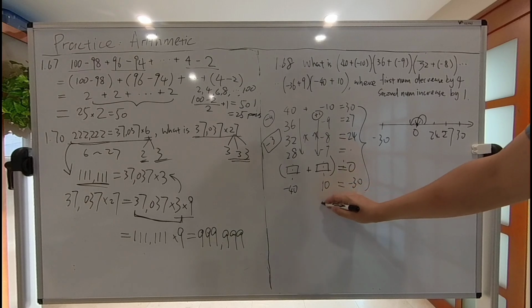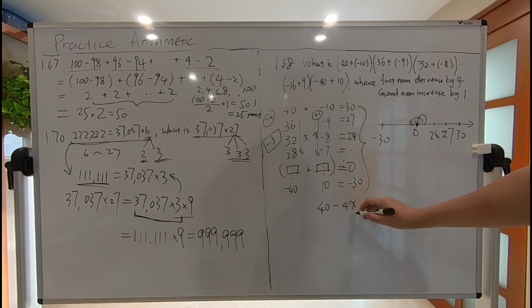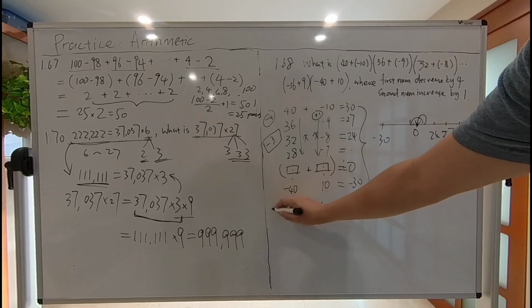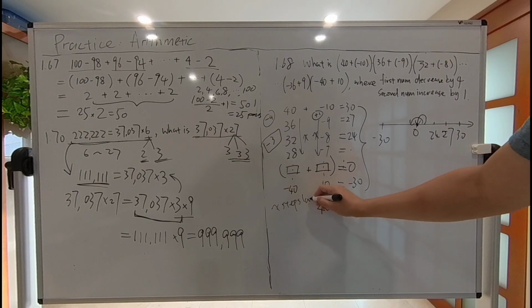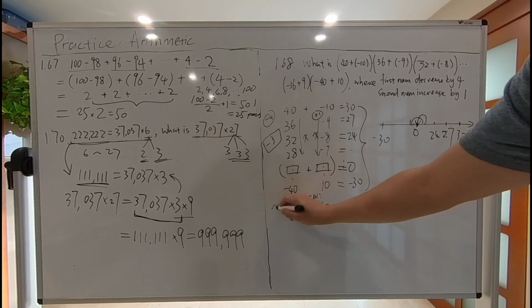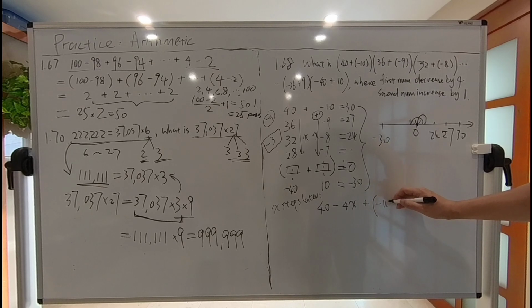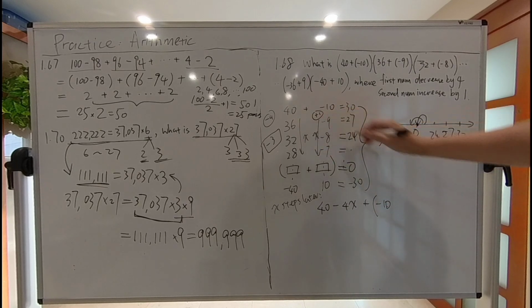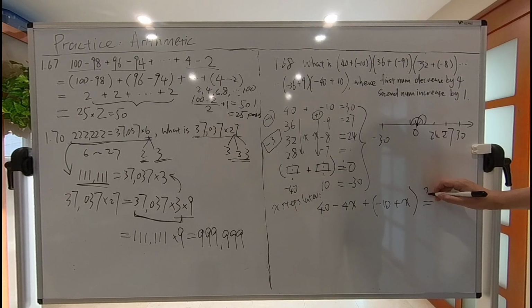So which means I have 40 minus 4x, assuming I move x steps later. And I have minus 10 plus x. Right? And I want to know if this number can be 0.